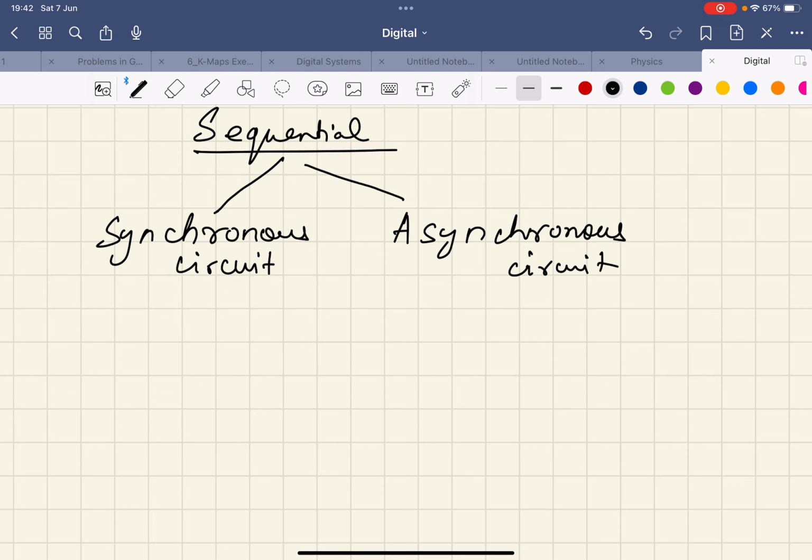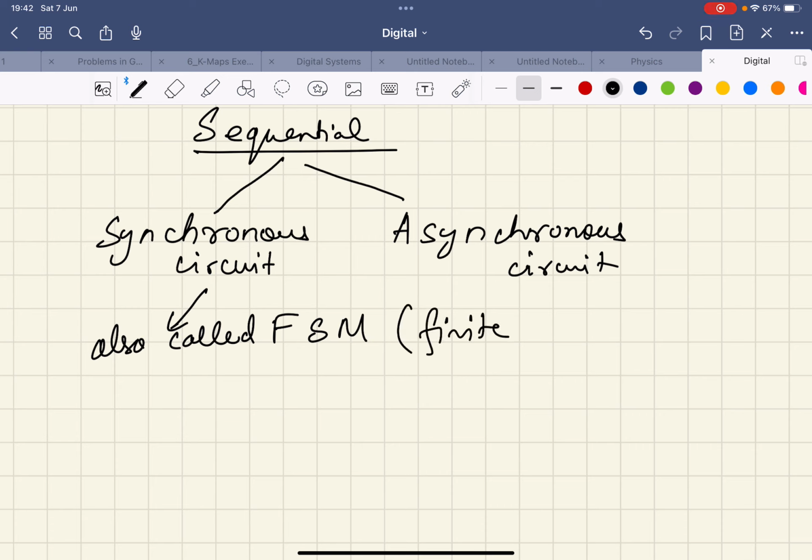What is a synchronous circuit and what is asynchronous? Very simple, I made it easy. It is also called a finite state machine.